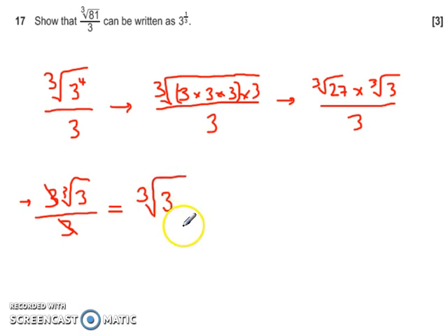Now, if you know your indices rules, the cube root of 3 can be written as 3 to the power of 1/3. And that's how we've shown that this can be written as this, because we've ended up with this, which is equal to this. Tricky little question, 3 marks available for it.